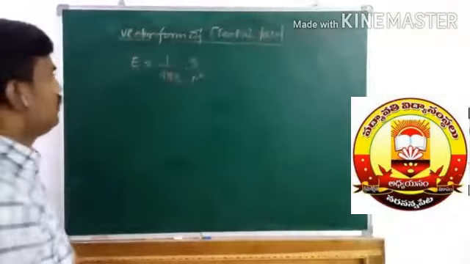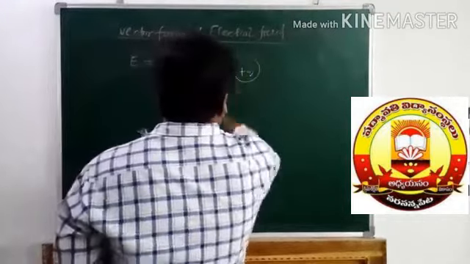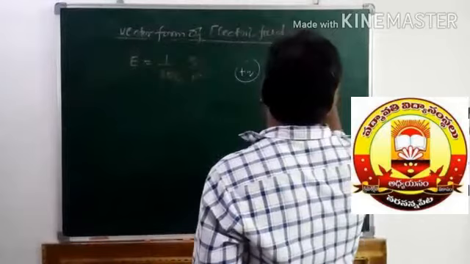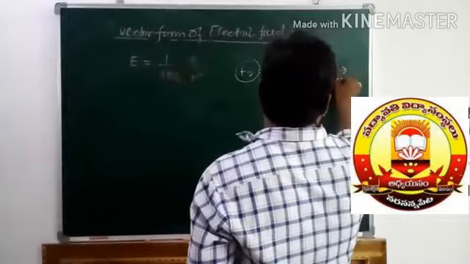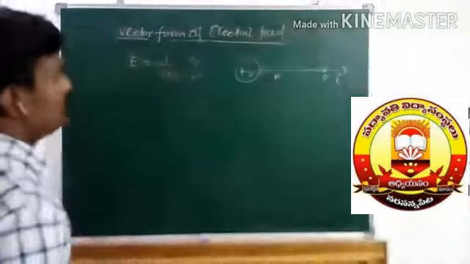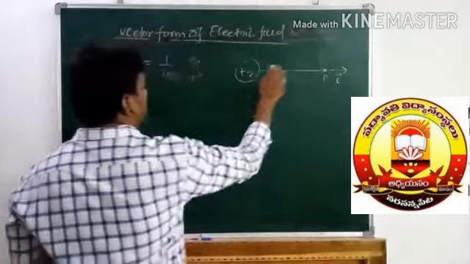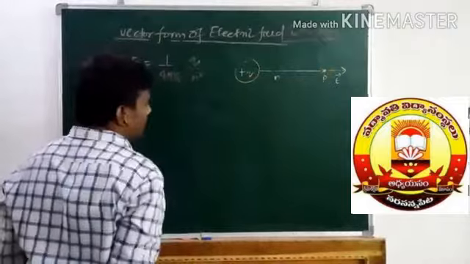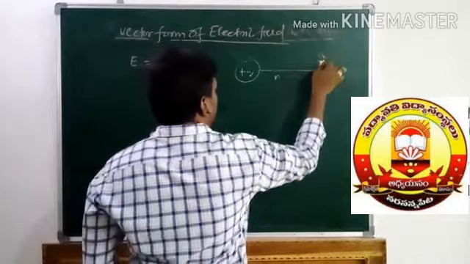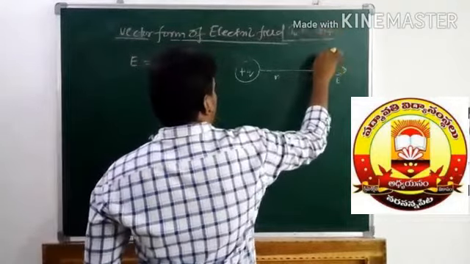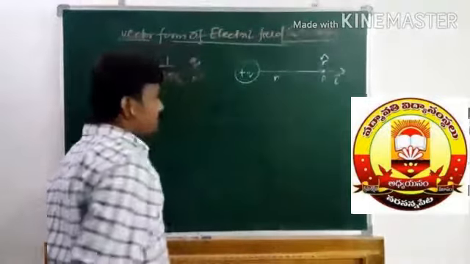In this case, let us take a positive charge q, and here there is a point P which is at a distance r. Then the electric field intensity will be away from the positive charge. If this is the position vector of point P from point Q, then r cap will be in the direction of r bar.